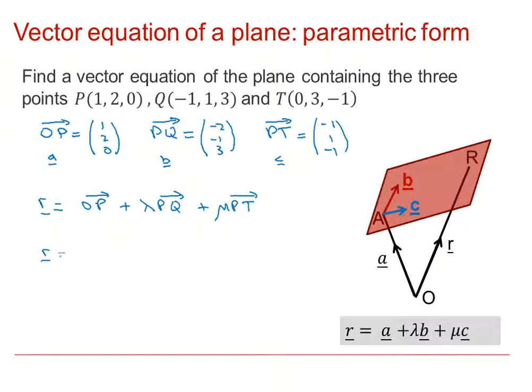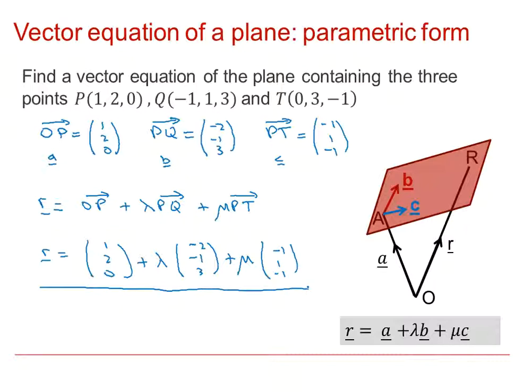So a general point on this plane can be represented by the position of P plus a parametric multiple of the direction vector PQ plus a different parametric multiple of the direction vector P to T. So that is one way of representing the vector equation of this plane.